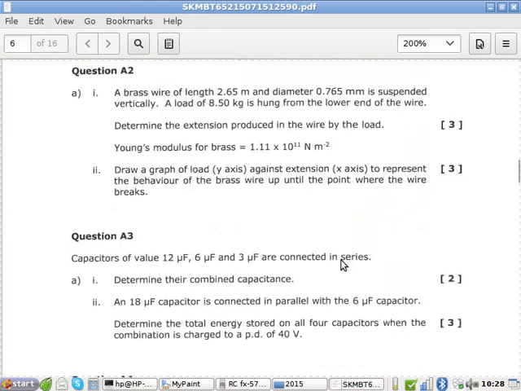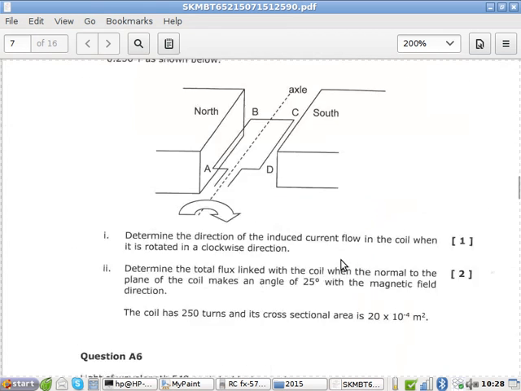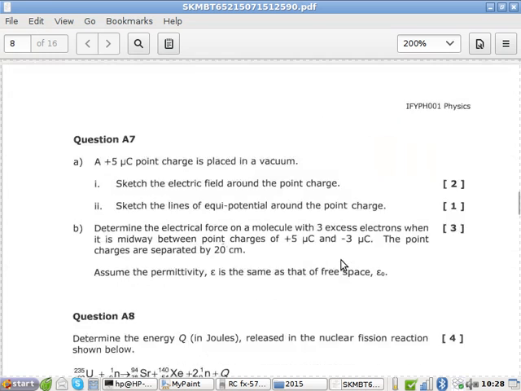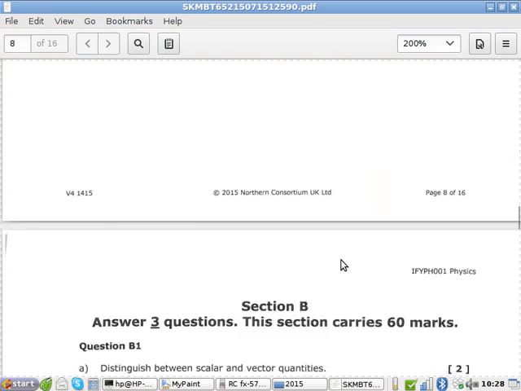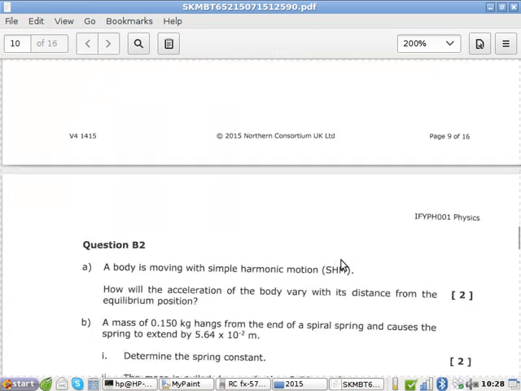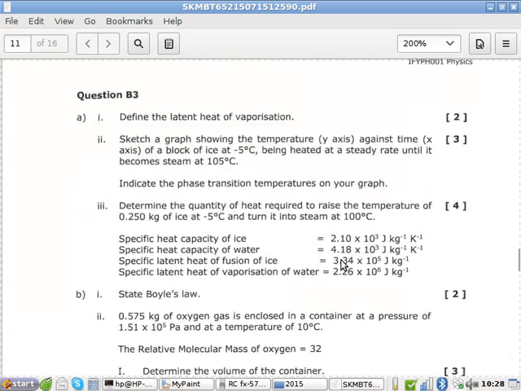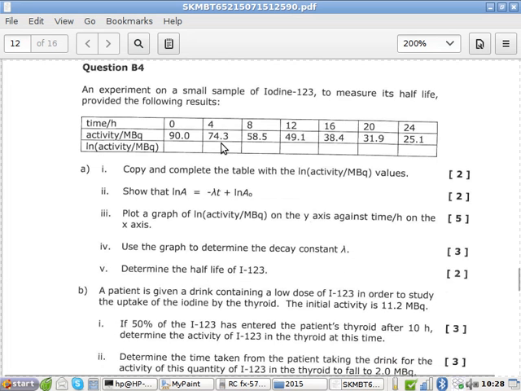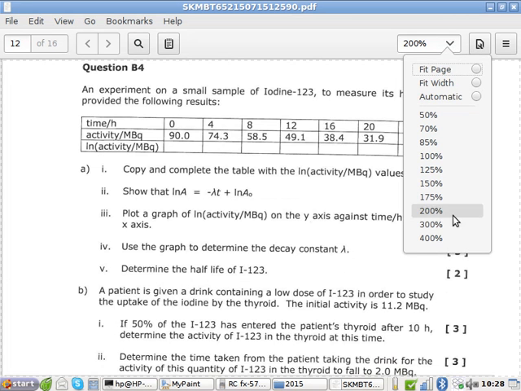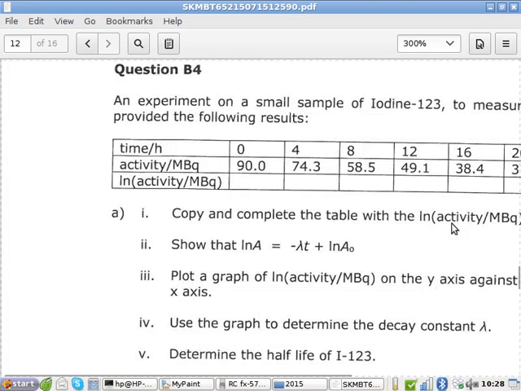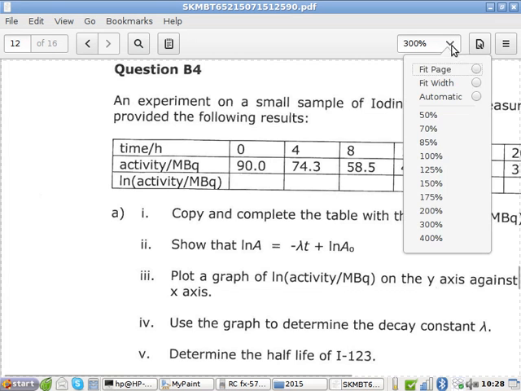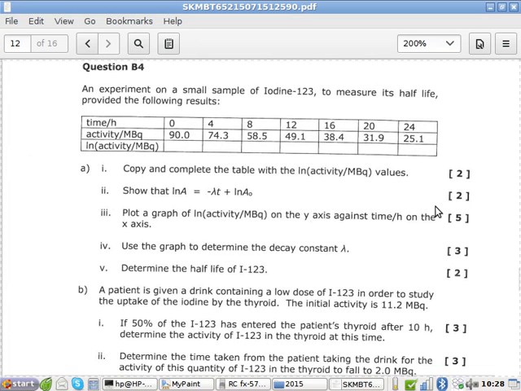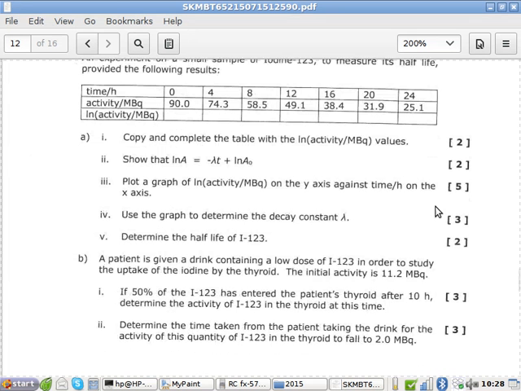No. Yes, but we haven't done this part yet. Mechanics, materials. Here we go. Here's a great one. But we actually haven't done the A part yet.